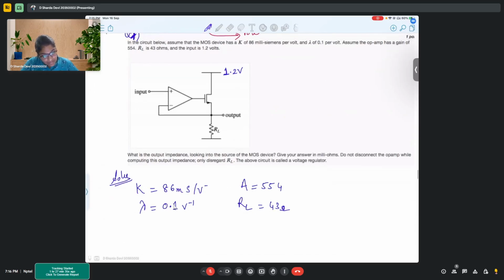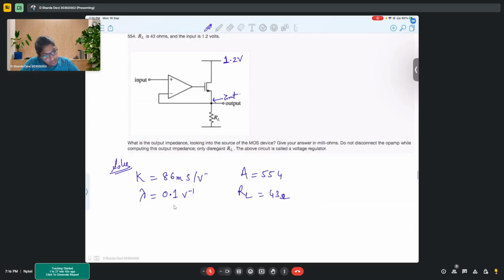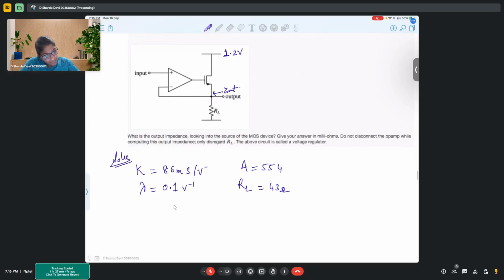So now what is the output impedance? Output impedance means looking from here, such that give it in milliohms, and do not disconnect the op-amp while computing this input impedance.